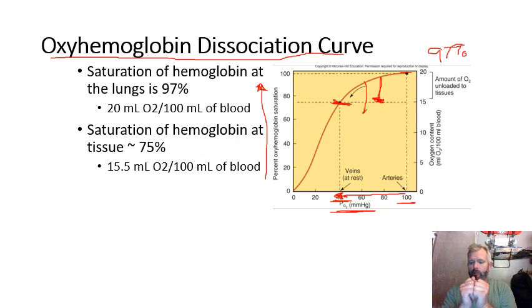There will be a lower affinity for oxygen, and the hemoglobin will be more willing to release or unload the oxygen. So we're going to be able to shift this curve either right or left, and we're going to see how that affects the unloading of the oxygen.